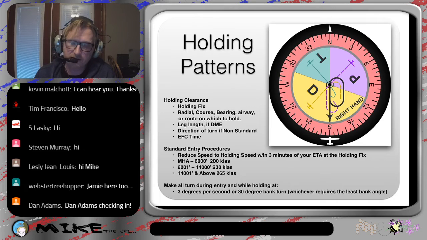If we found that we lost radio communications, then we would plan to leave the holding pattern as close to our expect further clearance time as possible and continue on our routing as appropriate. Again, we'll go over the lost communication procedures in more detail later.